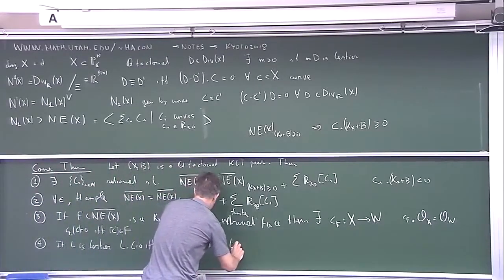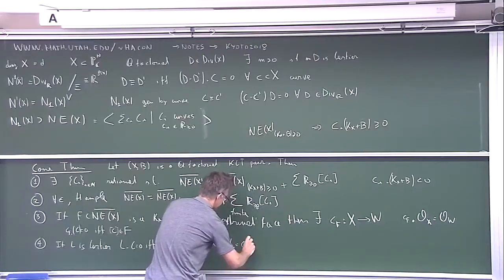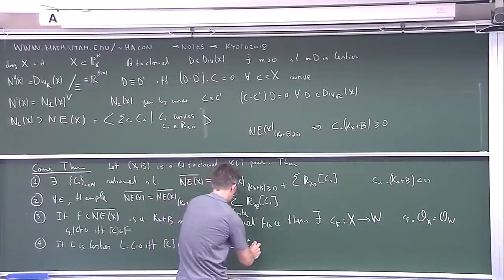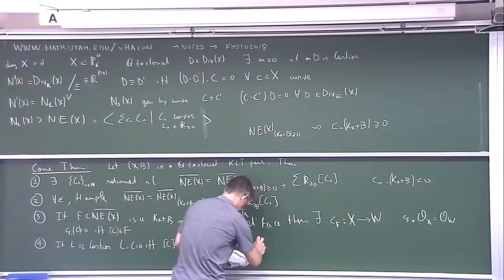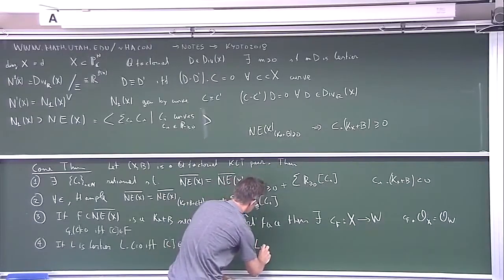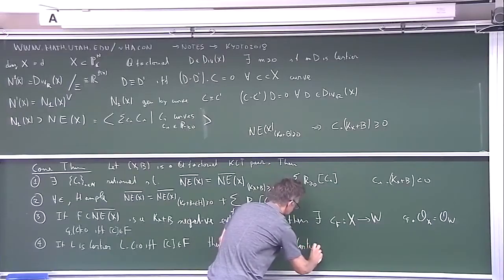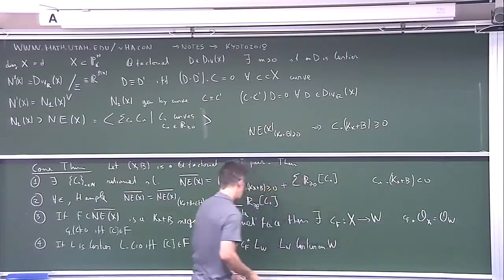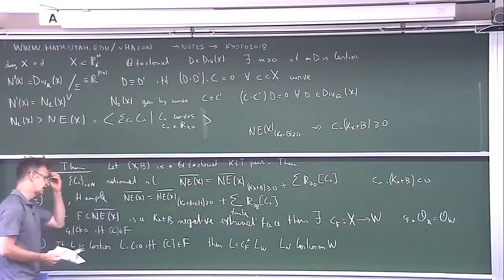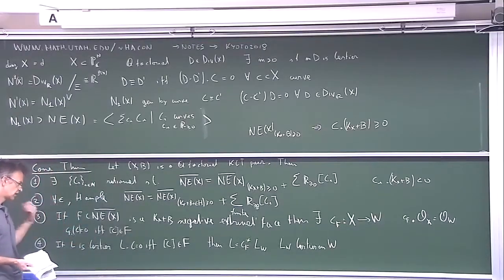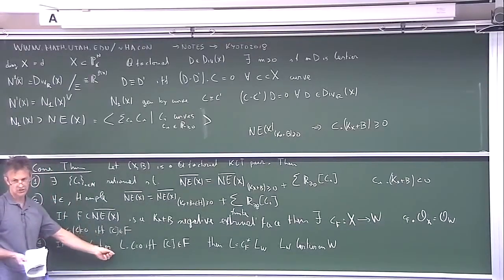Then L is equal to c_F upper star of some line bundle L_W, where L_W is Cartier on W.